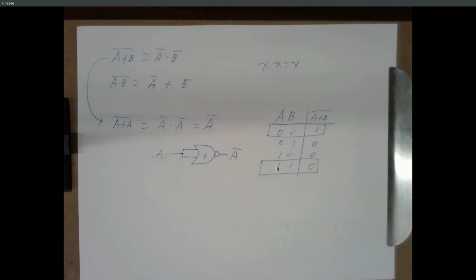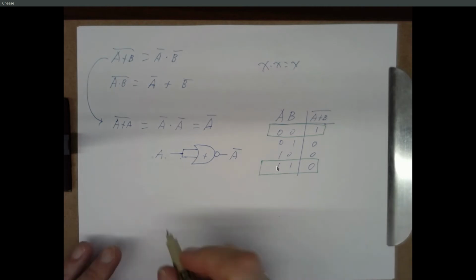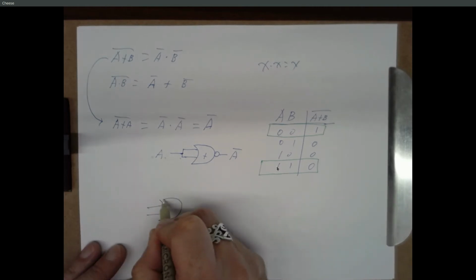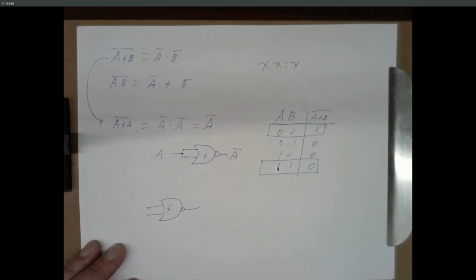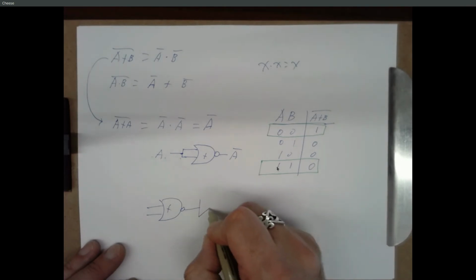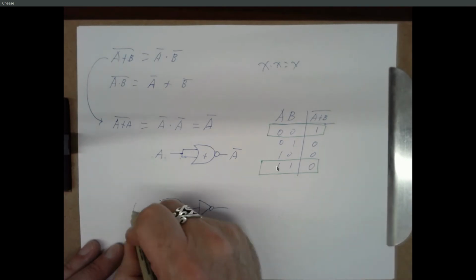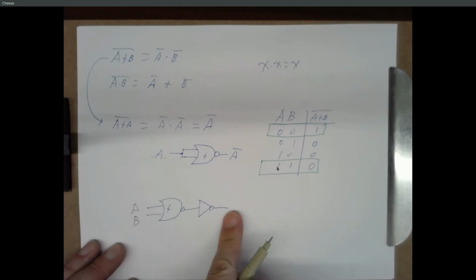Well, if we have a NOR gate and we have an inverter, what do we get if we put those together? There's a NOR gate, and if we take this and we invert the output, what is this equal to?